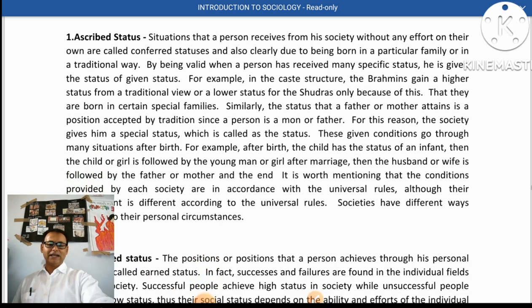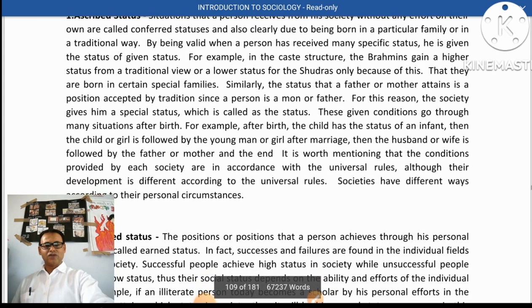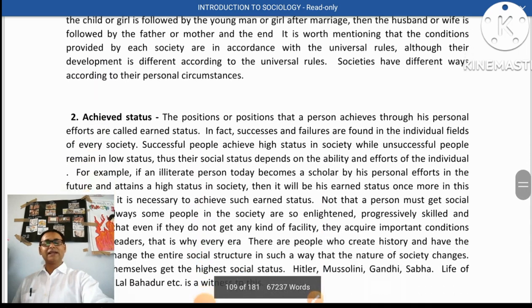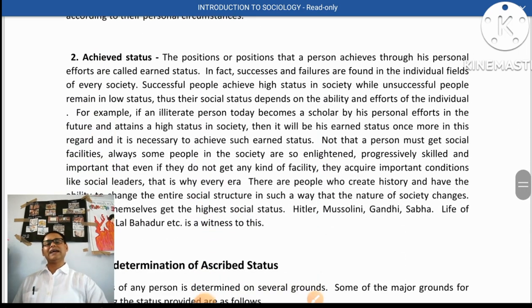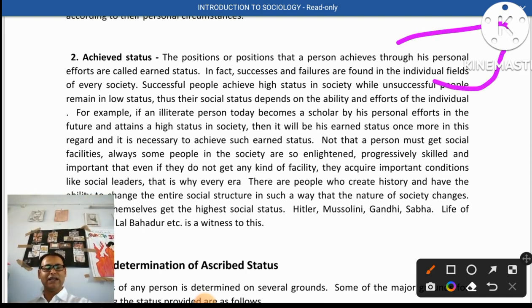Similarly, the status that a father or mother attains is a position accepted by tradition, since a person is a mother or father. For this reason, society gives them a special status, which is called ascribed status. And the second one is achieved status. The status or position that a person achieves through personal effort is called earned status.